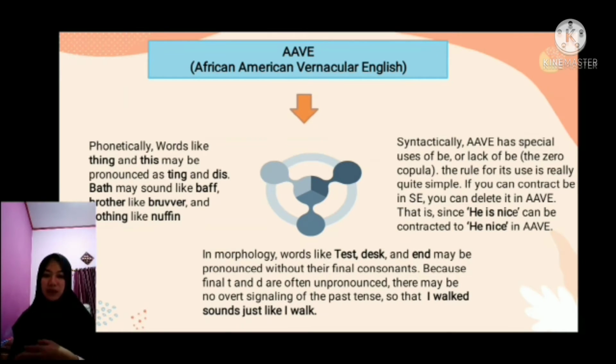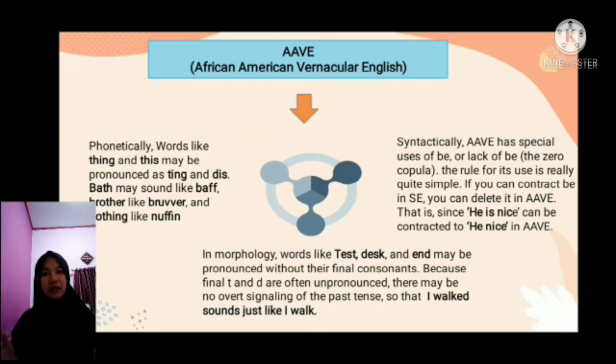African American vernacular English. So from this example, for only one dialect, African American vernacular English, we can see that there are many differences compared to standard English, phonetically, morphologically, and syntactically.